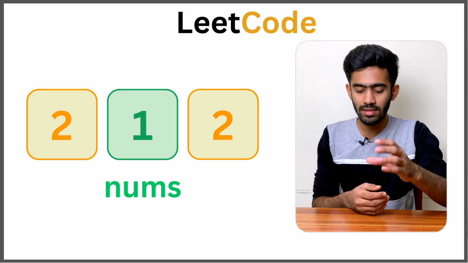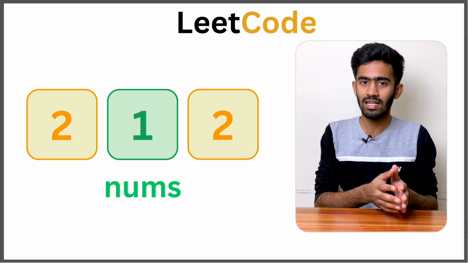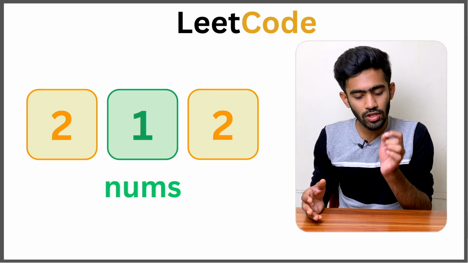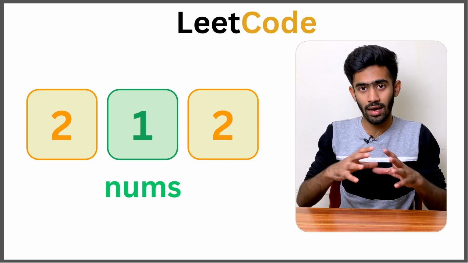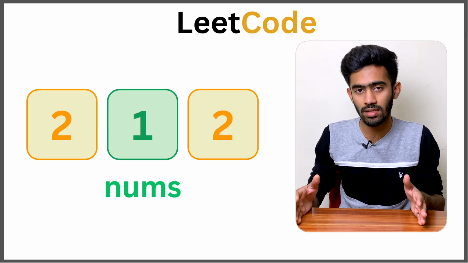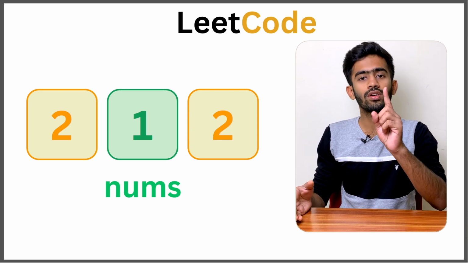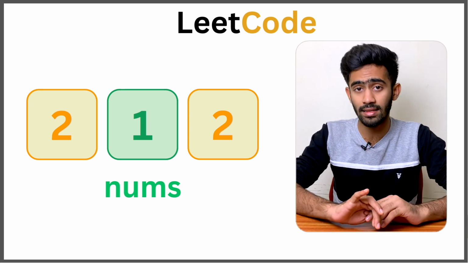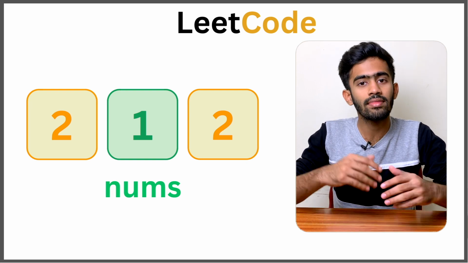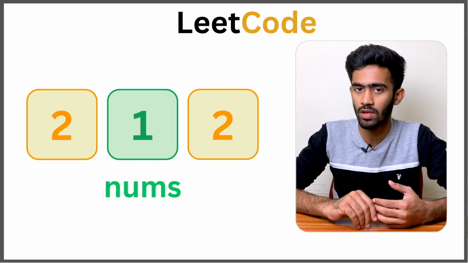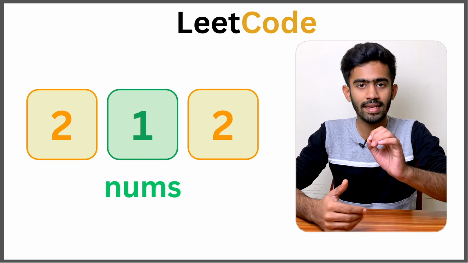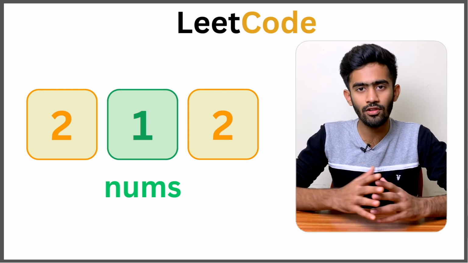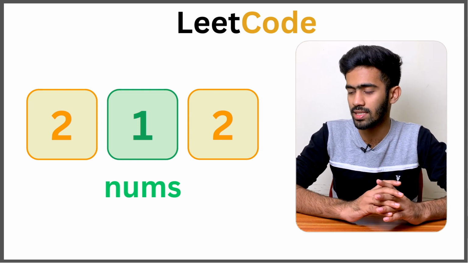Then with that count in hand, we check which number in the array or hash map where we have stored this information has a frequency of 1, and that would be our answer, because that is the single number that doesn't appear twice. Every other number would appear twice except that number. So that would be the usual approach.